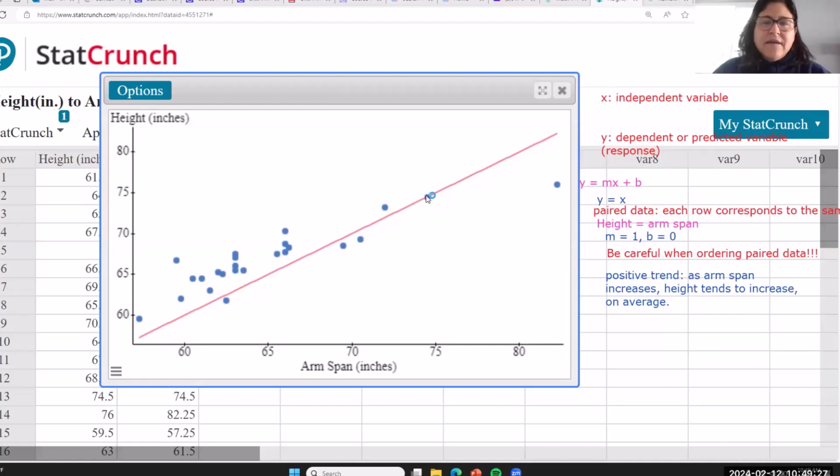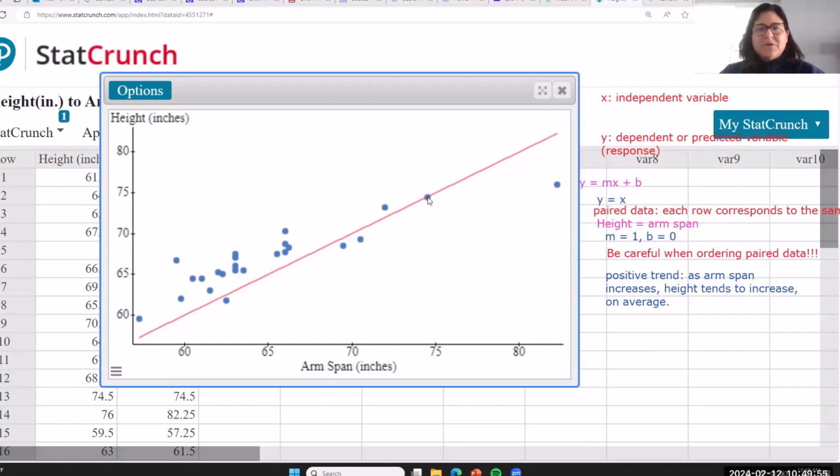Is it going to give it to me? When I hover over the point, I can also hover over the line. I think my computer might be a little overloaded with Zoom. Usually when you hover over this line, it'll tell you what it is on StatCrunch, but I think Zoom might be eating at my memory. And when you hover over a point, it'll usually tell you what that point is. But I think my computer's just being taxed too much.